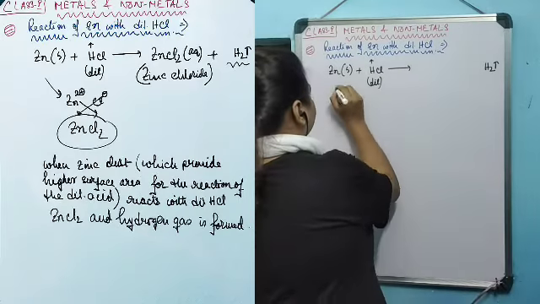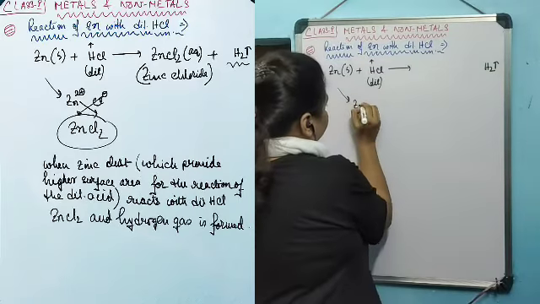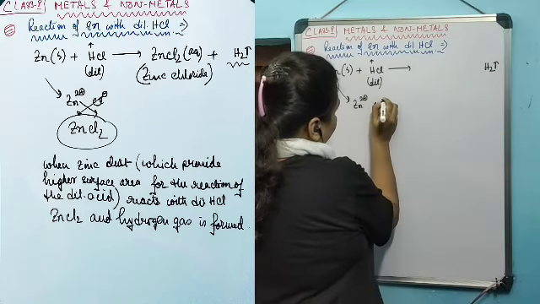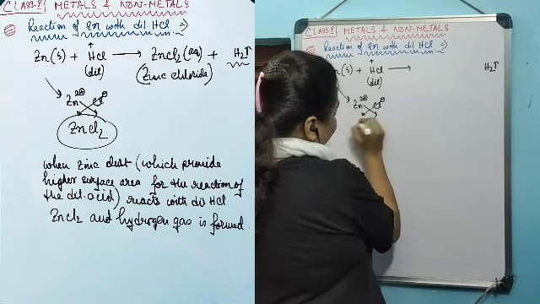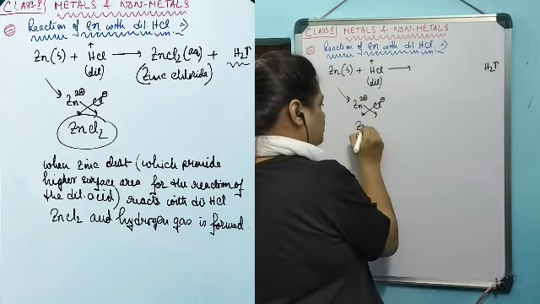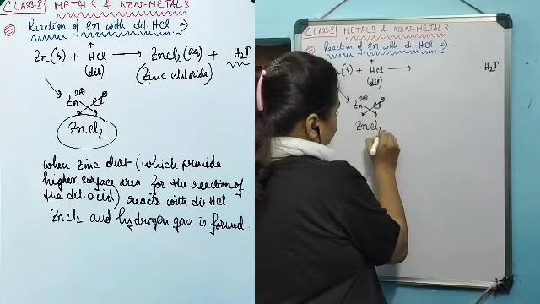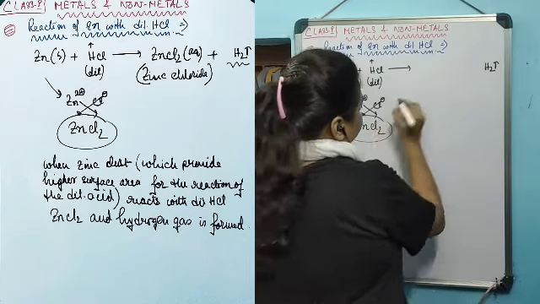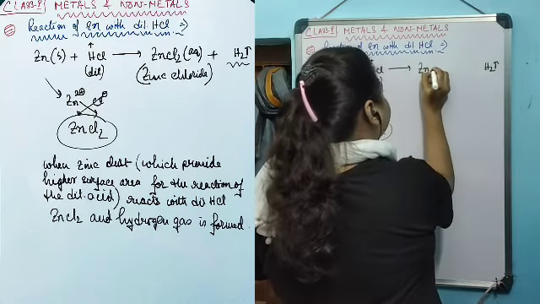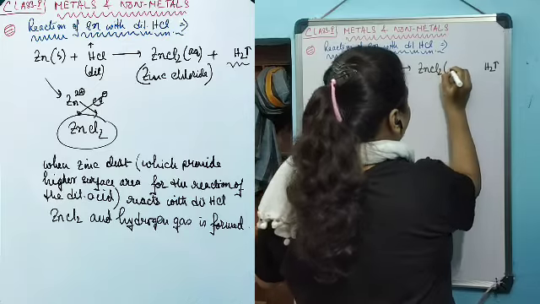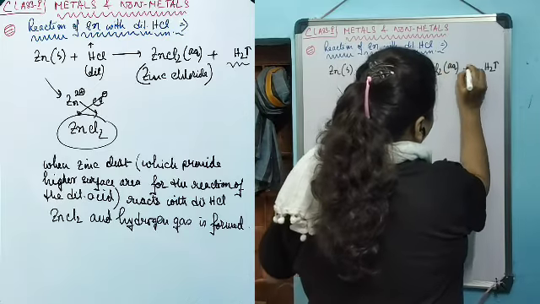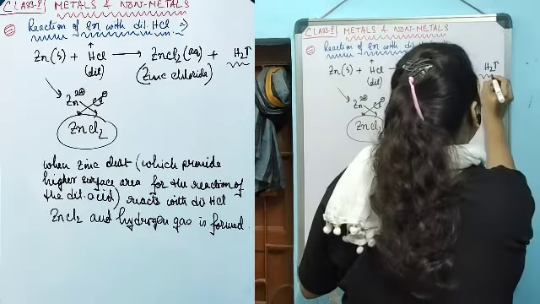The chloride counterpart combines with Zn2+ and forms the salt, which will be ZnCl2. This is in aqueous medium. So the salt will form and hydrogen gas is prepared.